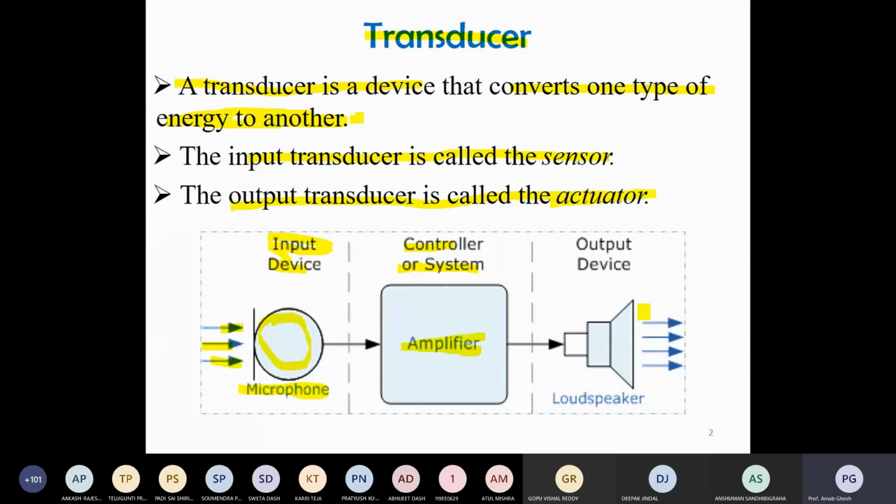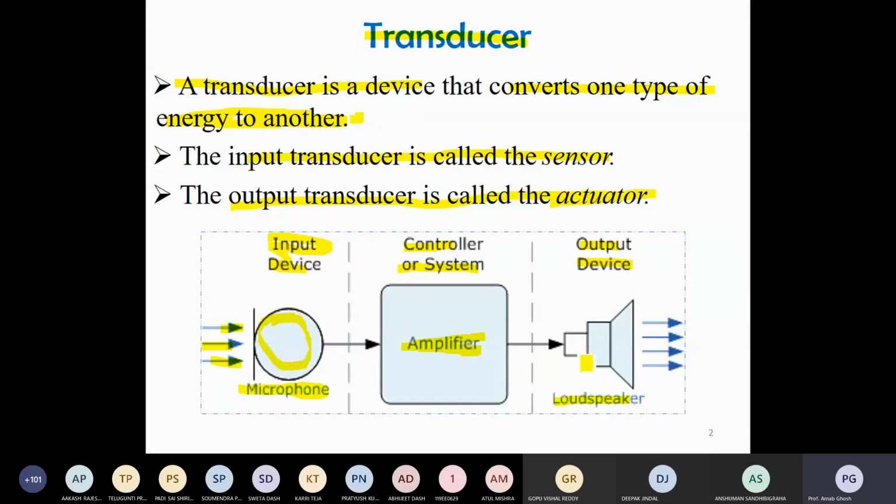Due to that sound wave and the amplification, we can hear the voice loudly. So which one is your actuator? The loudspeaker, the output of the loudspeaker, you can call the actuator. And your transducer means there is a diaphragm. So we are giving the sound wave.